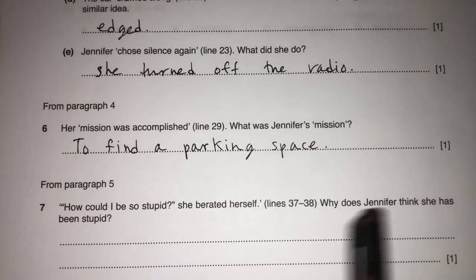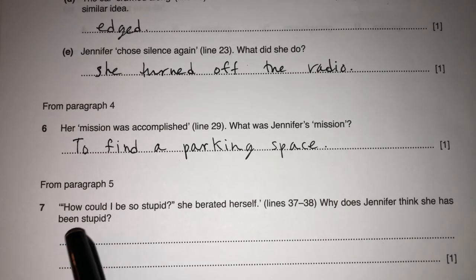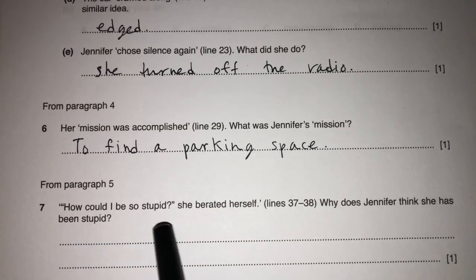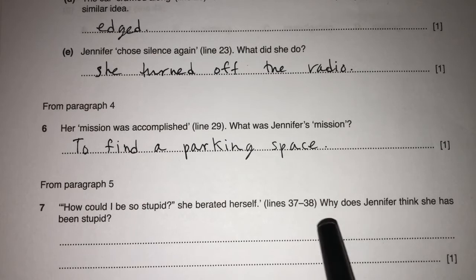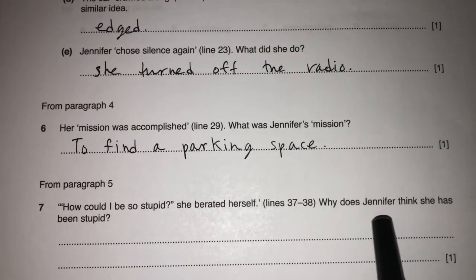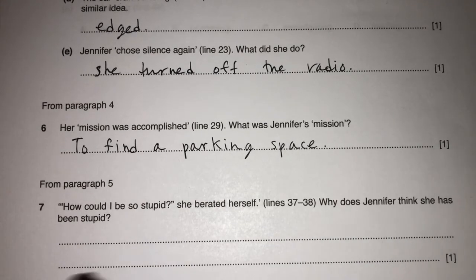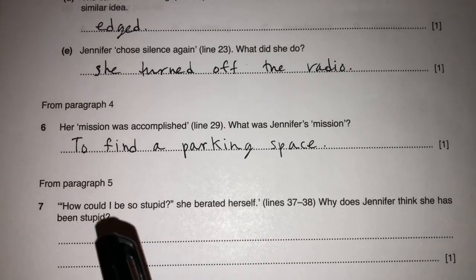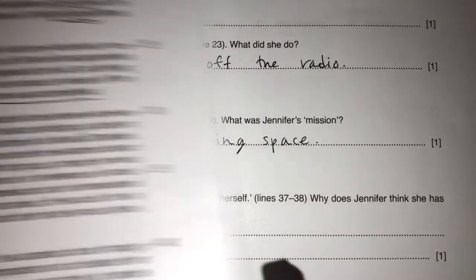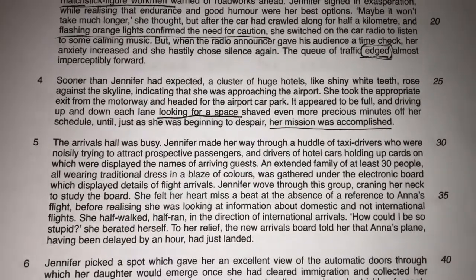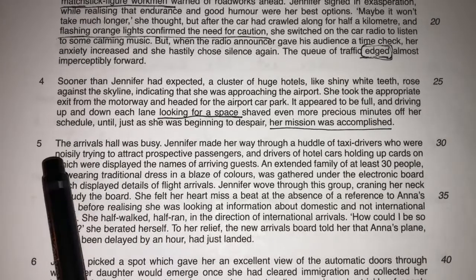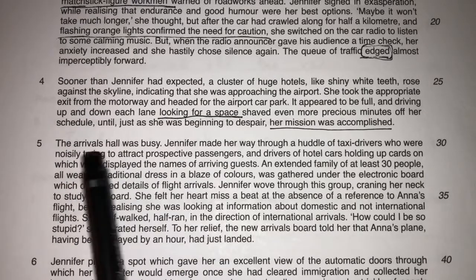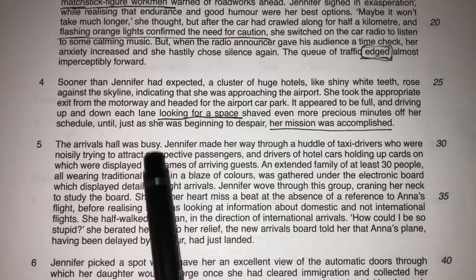Moving forward to our question number 7. How could I be so stupid? She berated herself. Why does Jennifer think she has been stupid? Let's find out in paragraph 5. The arrivals hall was busy.